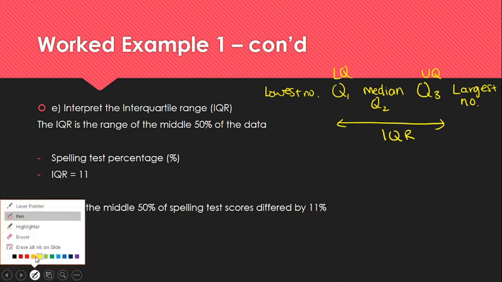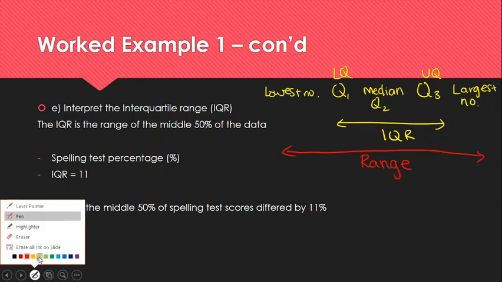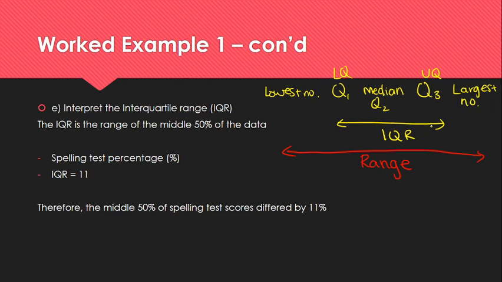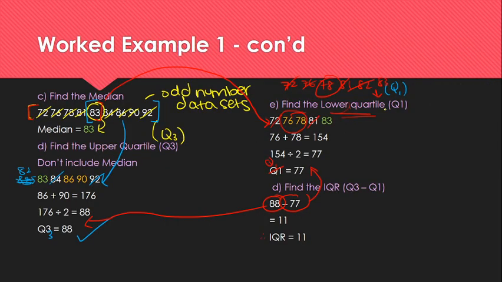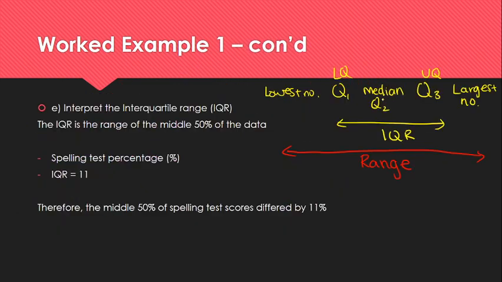Now we need to not get confused, because the range, which is from the largest to the smallest number, would be denoted by red. So this is really good to draw up in your book, I'd suggest. The interquartile range is saying that this is where 50% of the students doing a spelling test had their scores lie, so half.